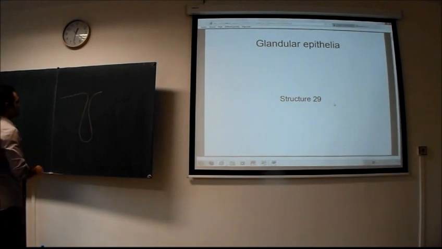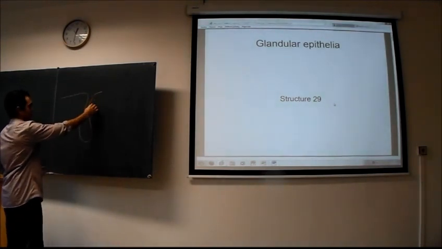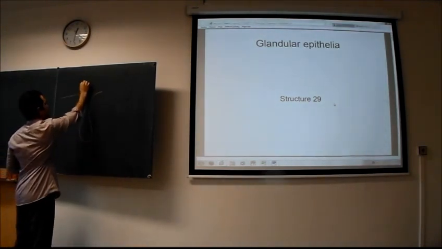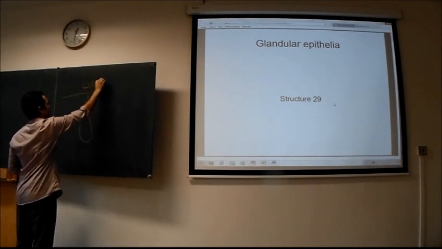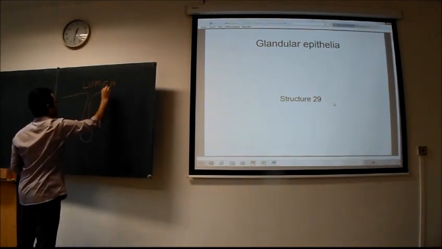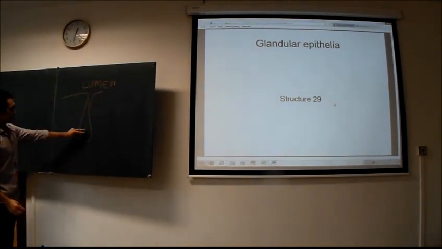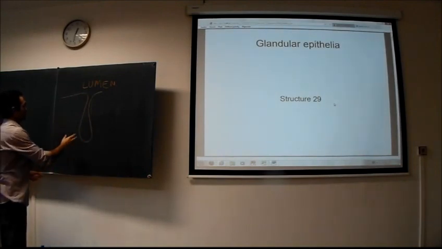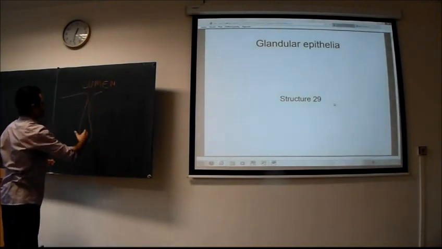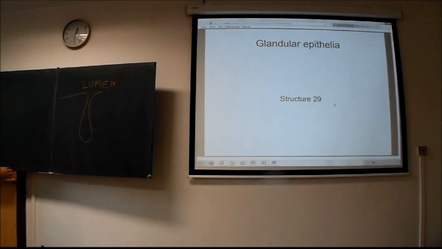Because you have a ductal system. For example, here's a duct and here's the lumen. The product is made here, and then it's secreted through the ductal system into the lumen, and that's why we call it an exocrine gland, again because of the duct system.